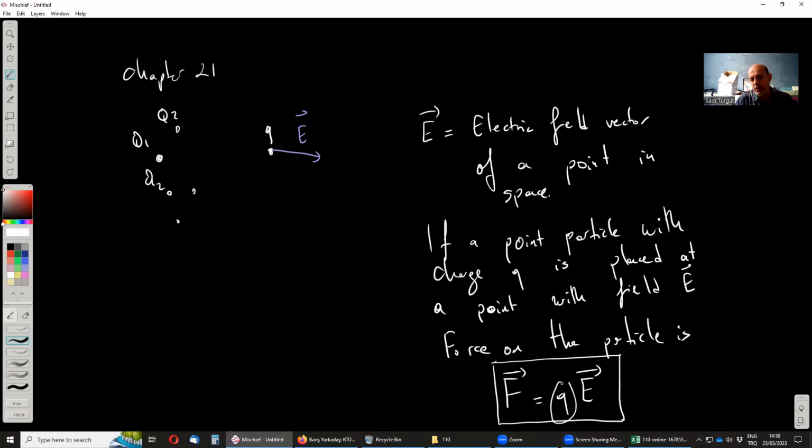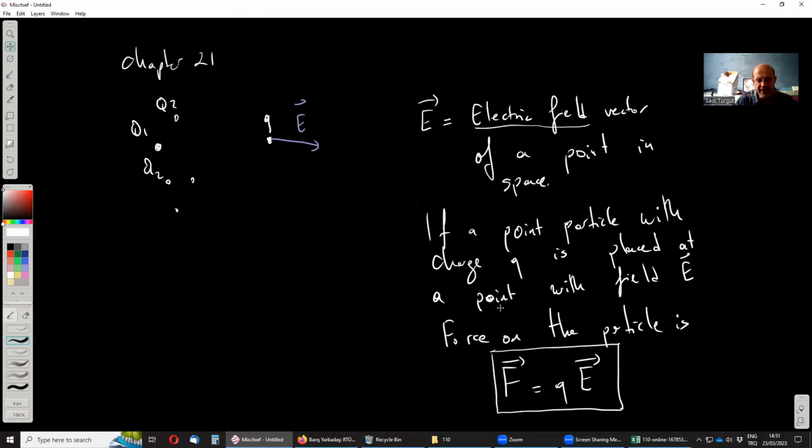We just take this quantity out and call the rest the electric field. This electric field depends on the charges of the other particles and their positions. So that's basically the electric field concept. We just define it through that kind of an expression.